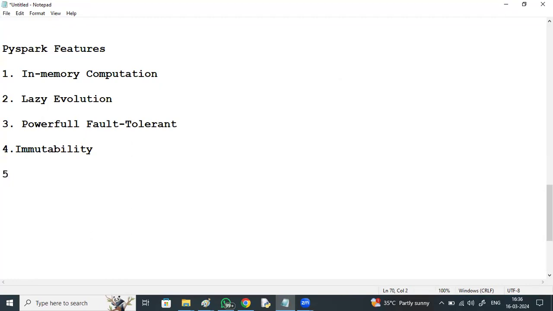And one more important feature we see is persistence. Persistence means, observe this data flow.